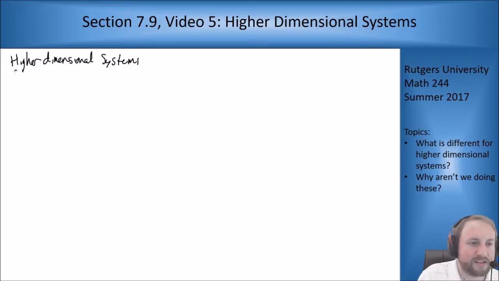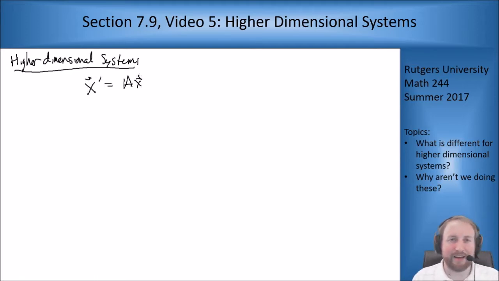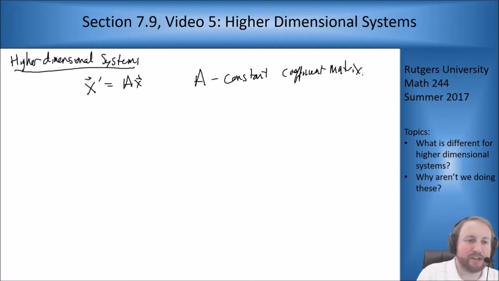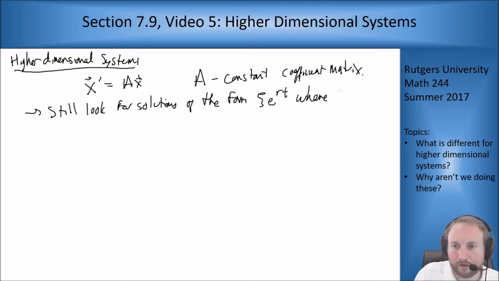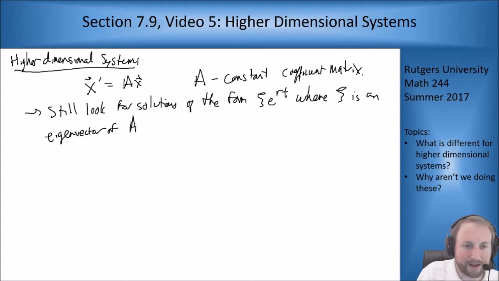So for higher dimensional systems, we're still looking to solve, say, the equation x prime equals A times x, and A might still be a constant coefficient matrix just to make things easier. Now, a lot of the stuff still works the same way. You still look for solutions of the form c times e to the rt, where c is an eigenvector of A with eigenvalue r.